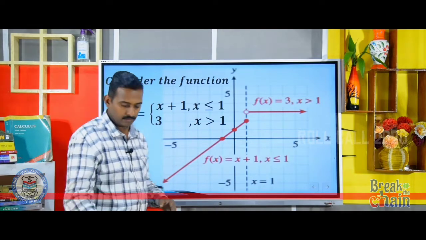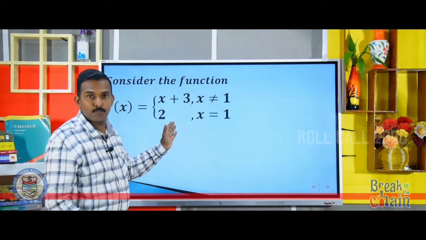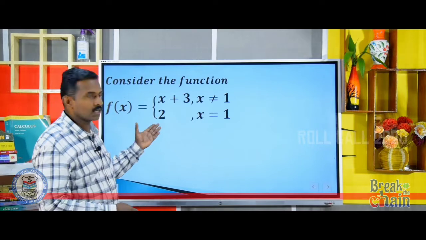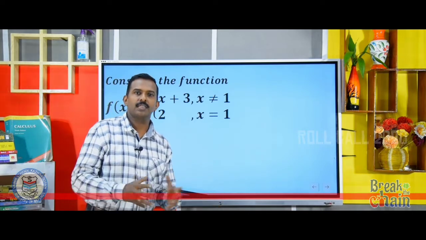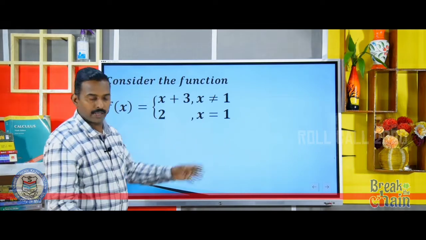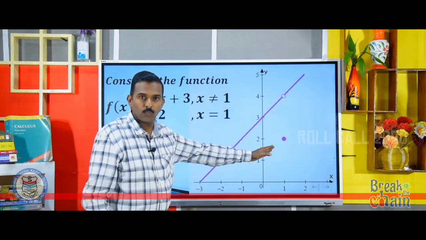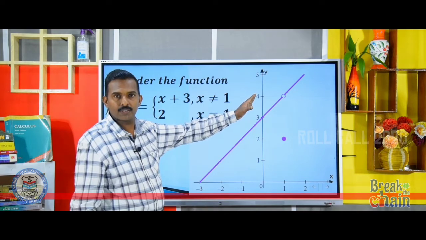Again, one more example. F of x equal to x plus 3, for every value of x which is not equal to 1, and the function is defined as 2 for x equal to 1. Again, the function is a function whose domain is the set of all real numbers. Just go through the graph. For every point other than 1, the graph is a straight line, f of x equal to x plus 3.